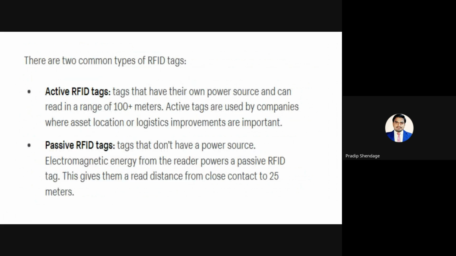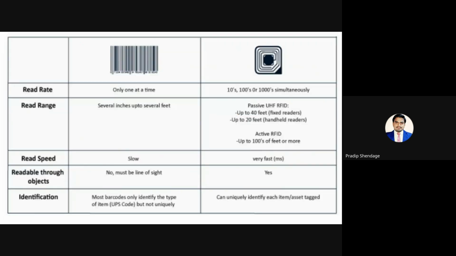And then we have discussed these two types, passive and active RFID tags. There is a difference between a normal barcode and RFID. The read rate of a barcode is only one at a time, but with RFID we can read hundreds and thousands at the same time.